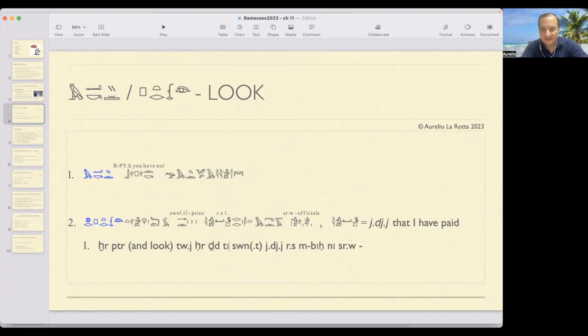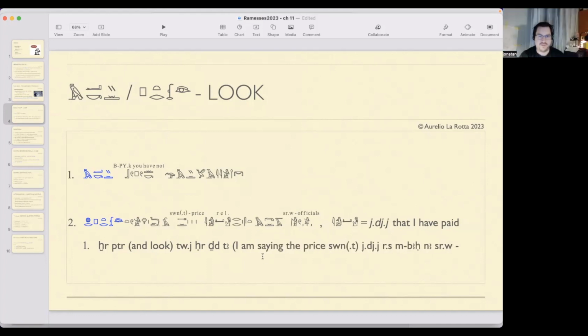I will tell, I will say. I have said the price. Good question. I'm saying the price. Yes. I'm saying, or I'm telling you the price, I'm saying the price. Yeah. The price that I have paid towards it in the presence of the official.